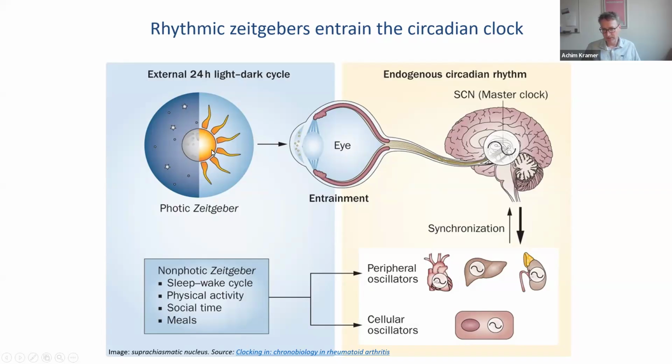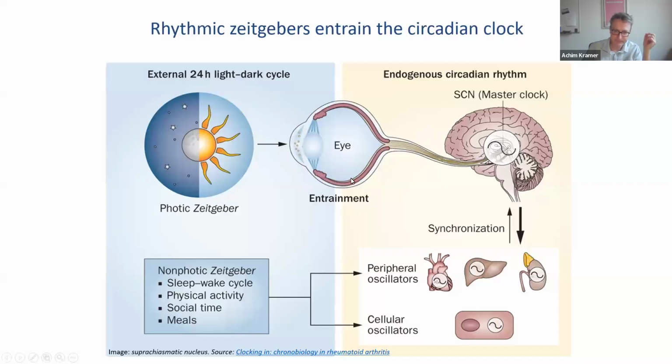So these two couple, and the light-dark cycle mostly entrains or synchronizes the endogenous oscillator to 24 hours. So humans on average have a slightly longer circadian period of on average 24.12 hours. And this is daily reset to make us live a 24-hour life.